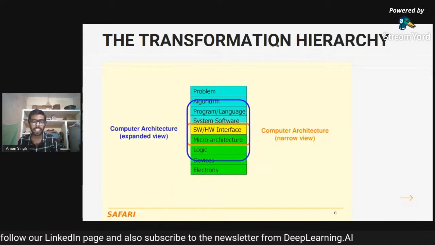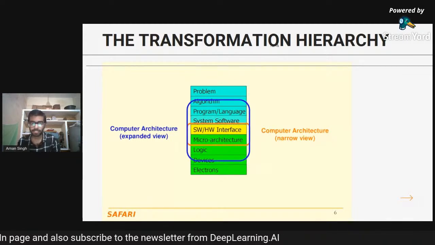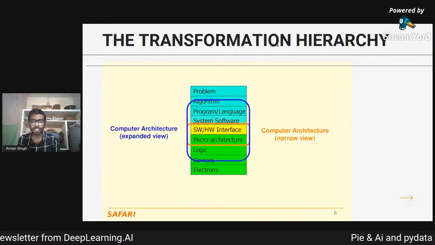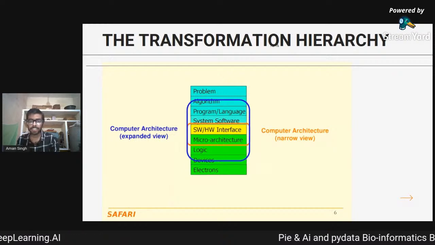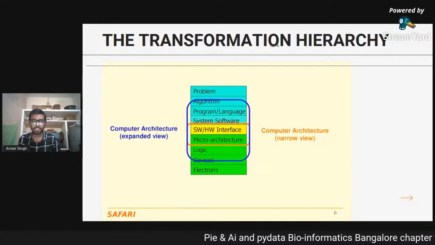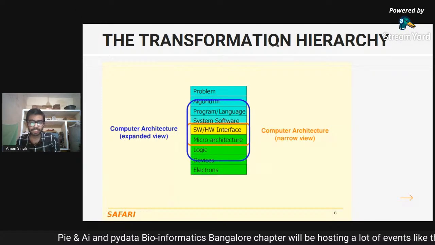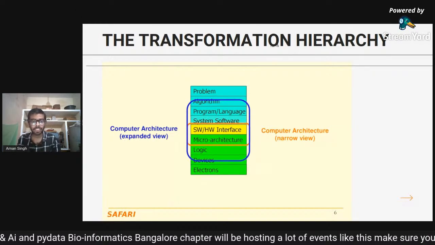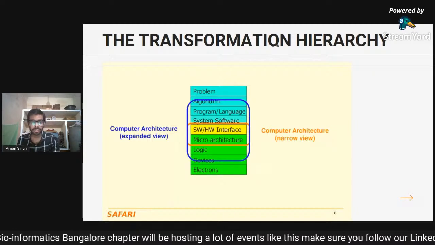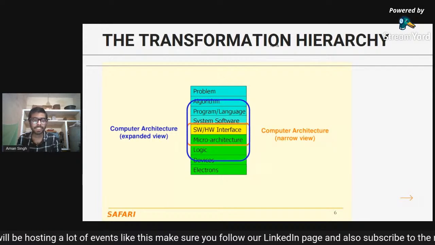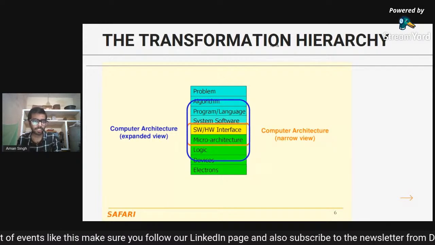There are programming languages like Python, Java, and many others. There is system software like virtual machines and the operating system, which connect software and hardware. The interface is computer architecture. Then we have microarchitecture, computer organization, then logic, then devices, and electrons are the basic building blocks.